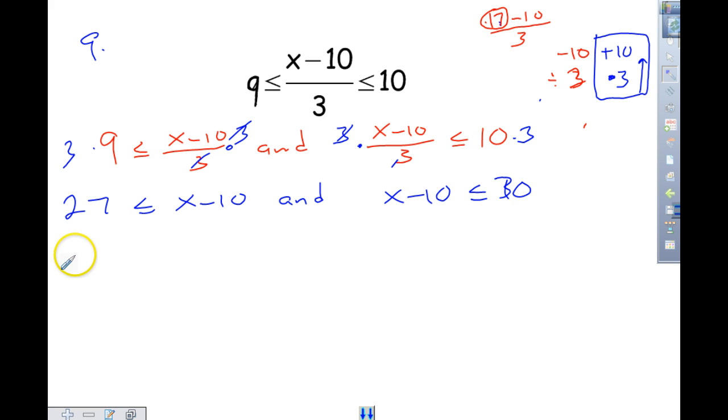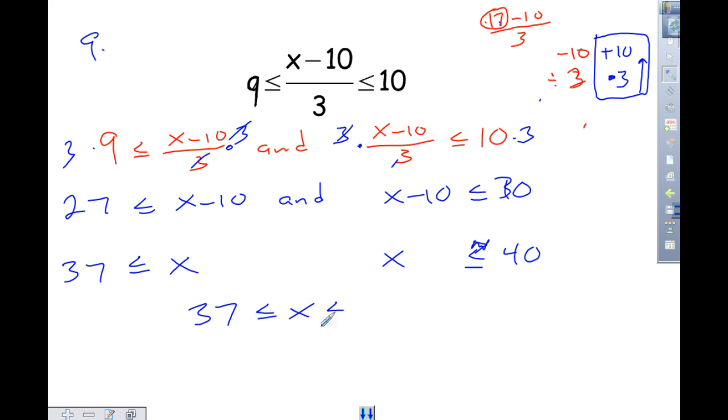Add 10 to both sides. 37 must be less than or equal to our answers, and our answers also must be less than or equal to 40. Basically, all our answers have to be between 37 and 40 inclusive.